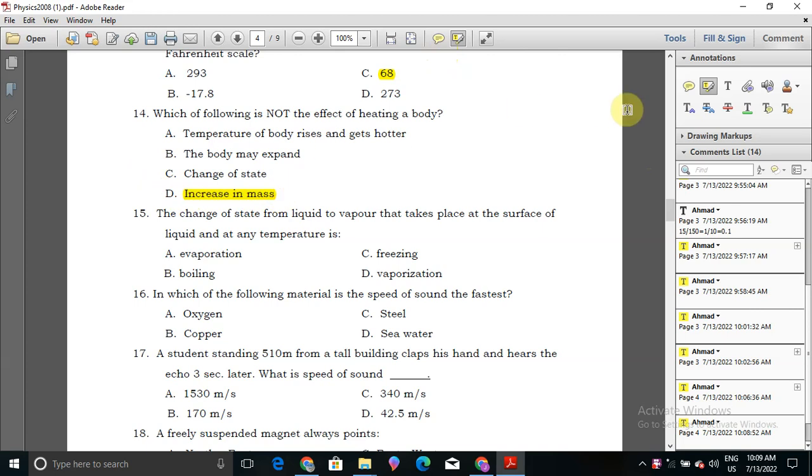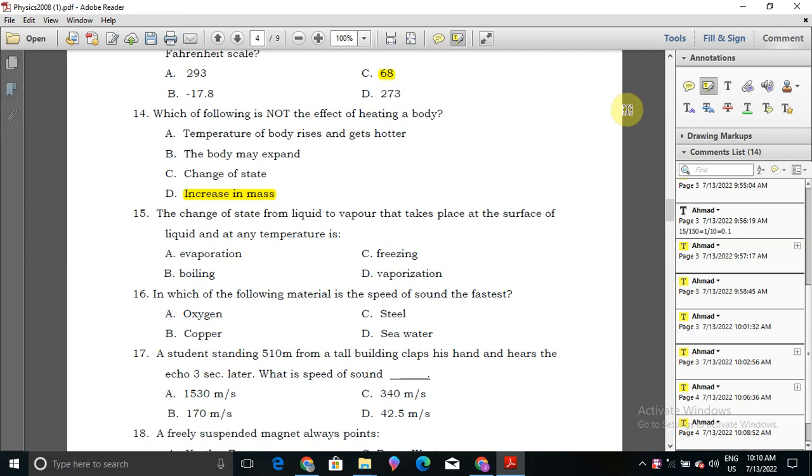Now question number 15, it says the change of state from liquid to vapor that takes place at the surface of liquid and at any temperature is what? Evaporation, boiling, freezing, or vaporization. From liquid to vapor at the surface and at any temperature, of course it will be evaporation.